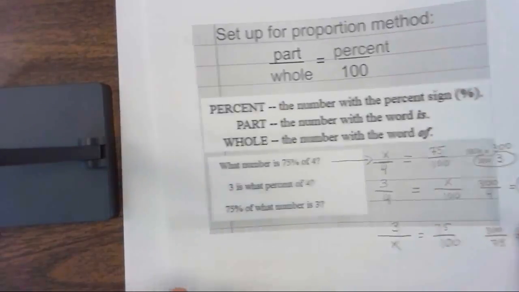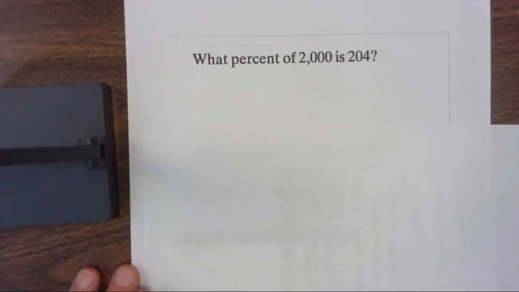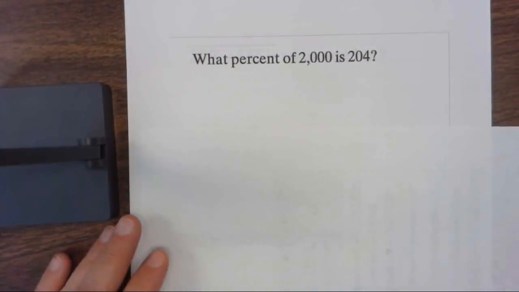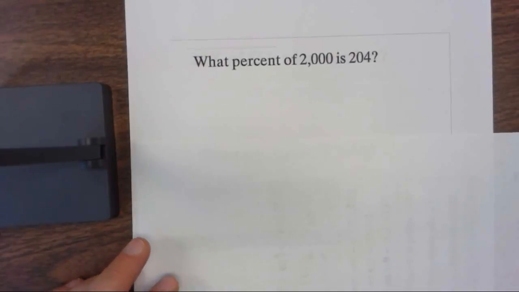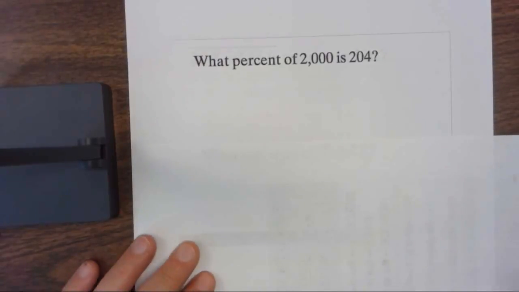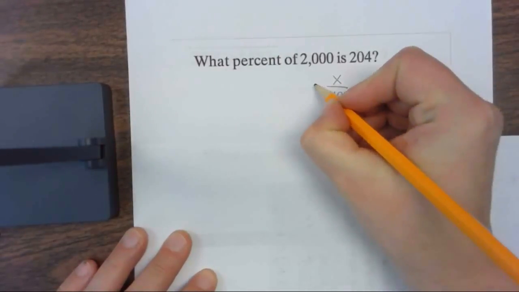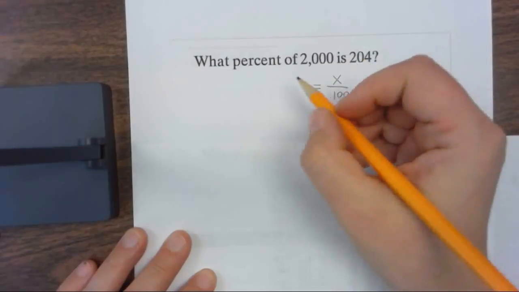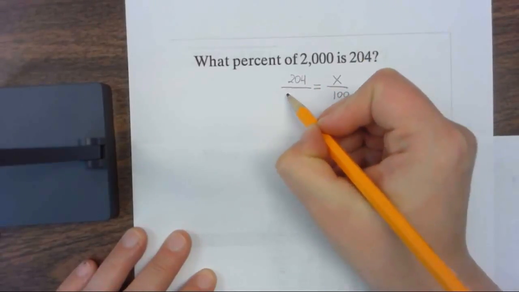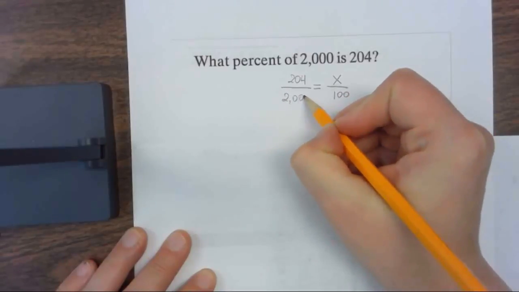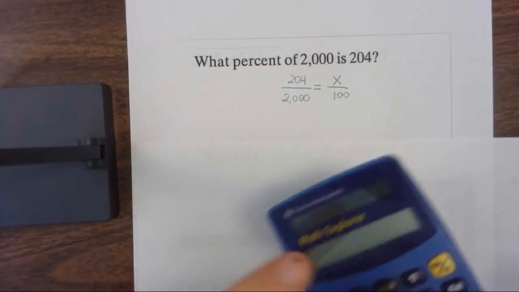So let's try this one. Let's do the first one. What percent of 2000 is 204? So what am I looking for? A percent. So the percent, I'm looking for it, and it is on the top, right? Because that's a part. 2000 is a whole. So now I have to multiply, and this time I'm going to use a calculator.